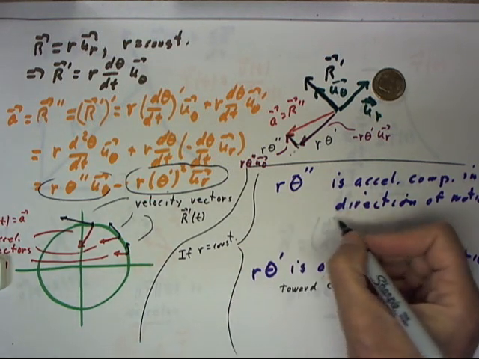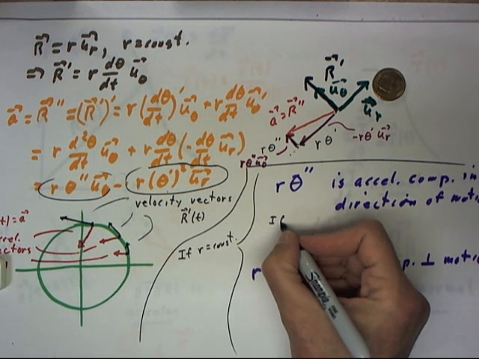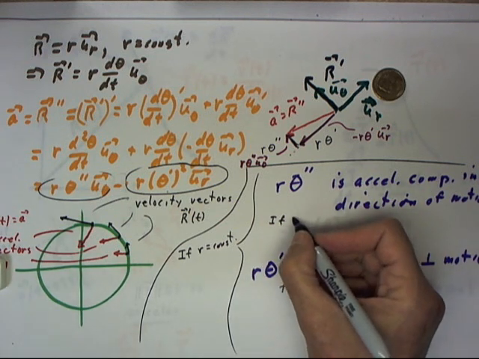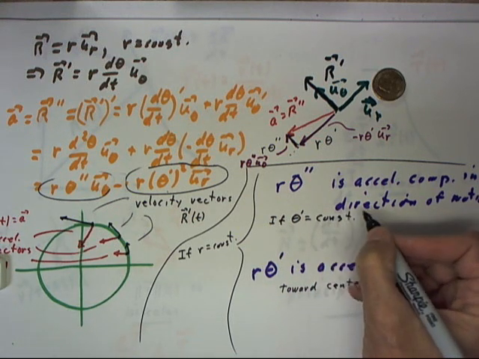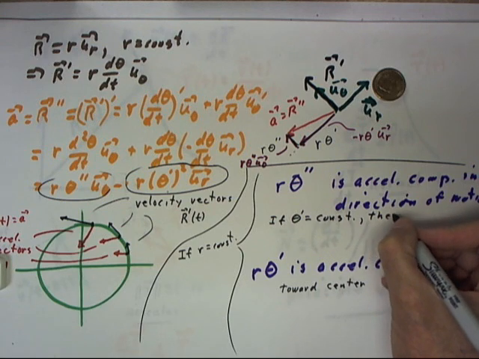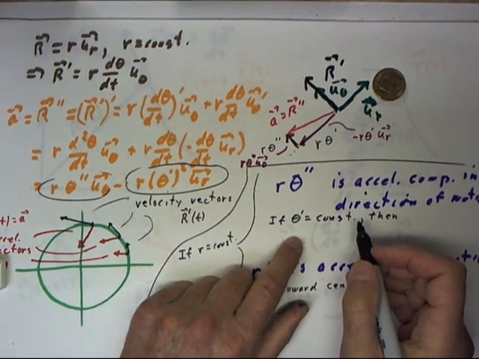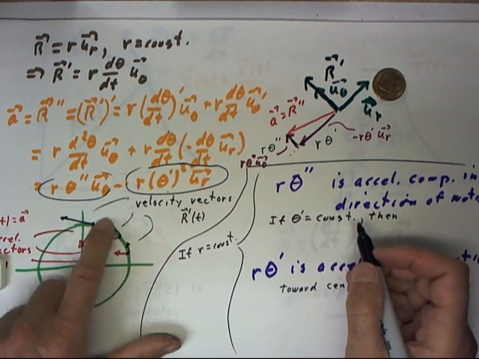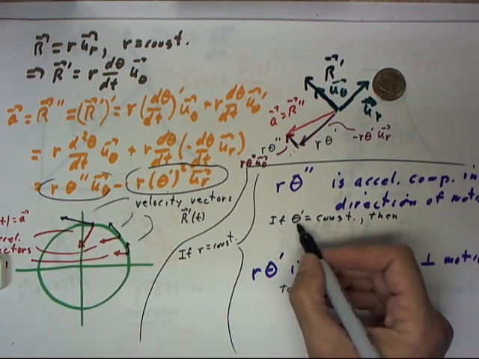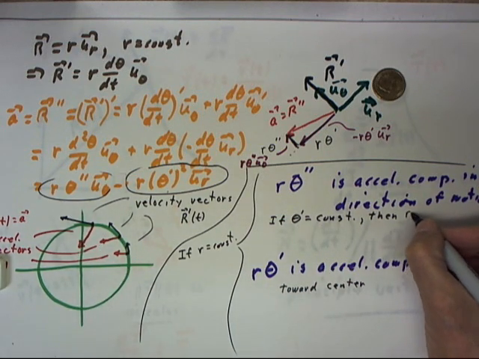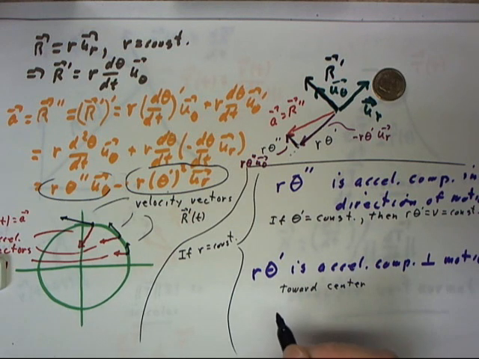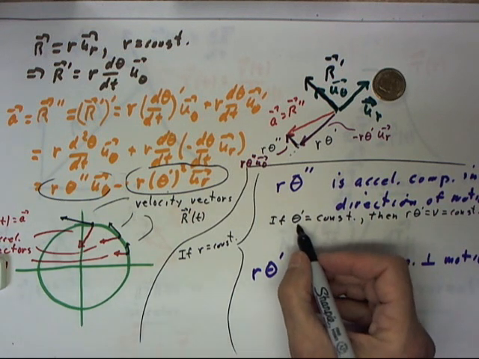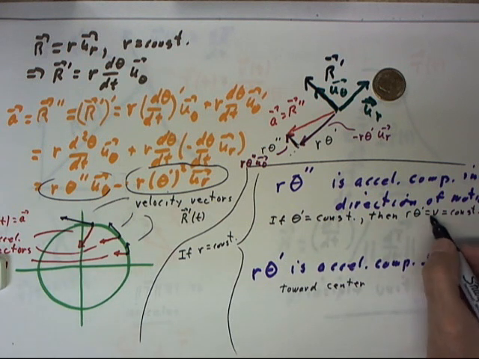A couple of notes. If theta prime equals constant, then again, if we interpret this in terms of motion with t representing time, then r theta prime is the velocity, which is constant. And actually I could have said that this condition holds if and only if this condition holds.